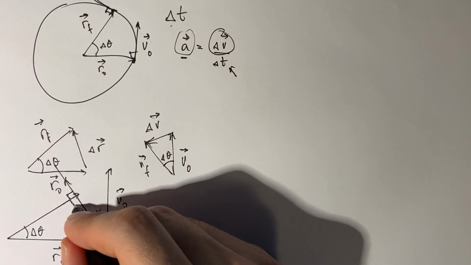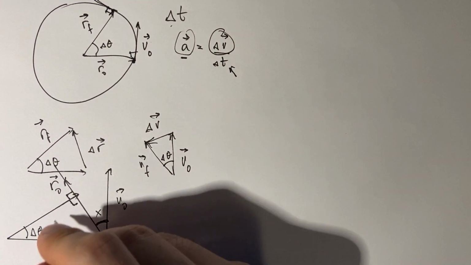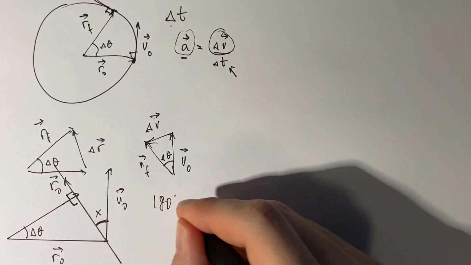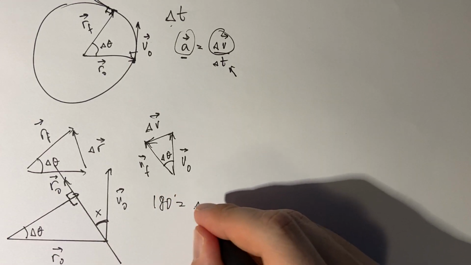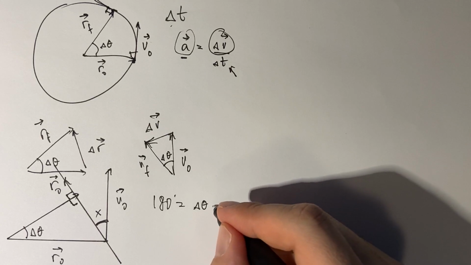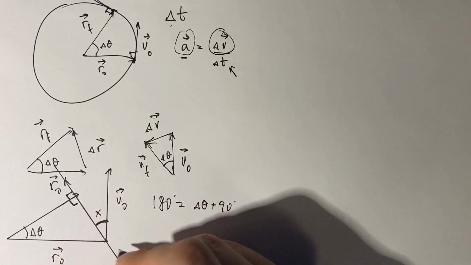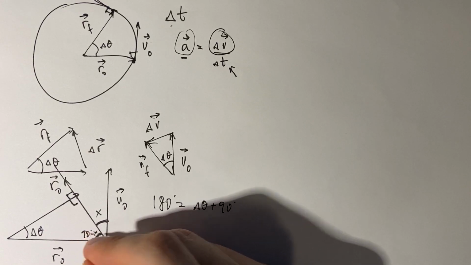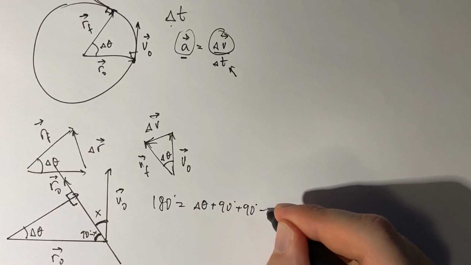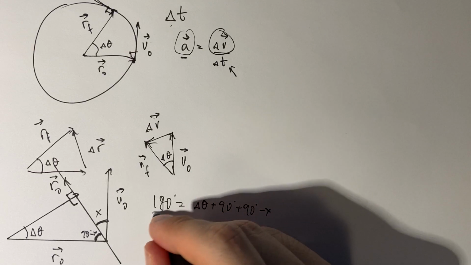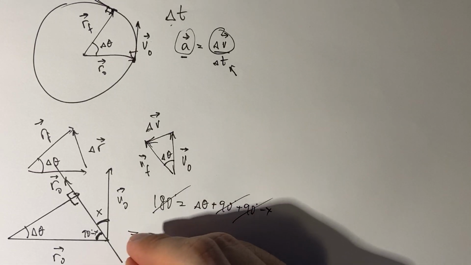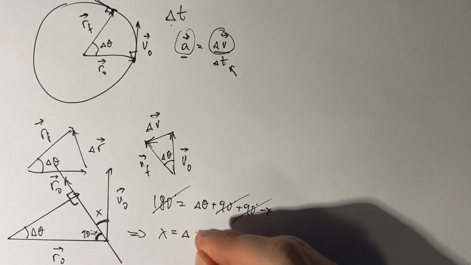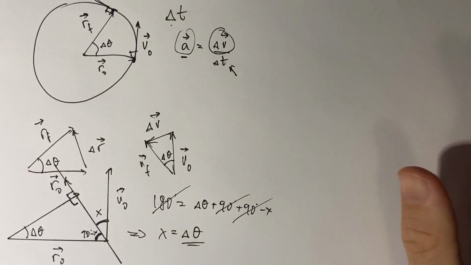And this must also be 90 degrees, of course, and you know that the sum of the angles in a triangle is 180, which means that that equals delta theta plus 90 degrees. And what's this angle? Well, this is of course 90 minus x, so plus 90 degrees minus x, and these cancel out, which leaves us with x equals delta theta.